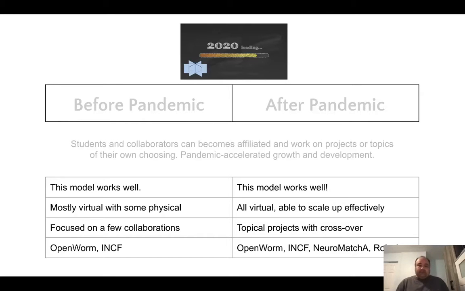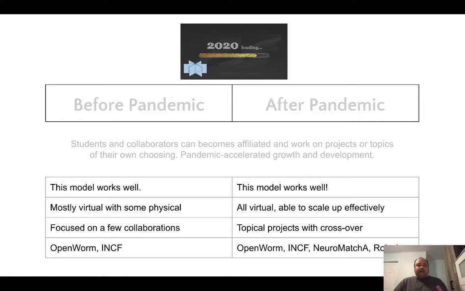Before the pandemic, we focused on a few collaborations, which were independent projects. After the pandemic hit, we started to focus on topical projects with some crossover potential. So you start up a project, and the project would be judged on its merits, but also the potential for crossing over to other projects. And in fact, that's encouraged.